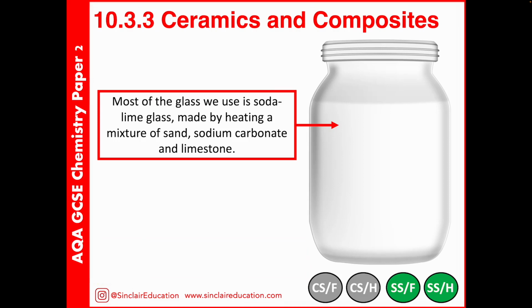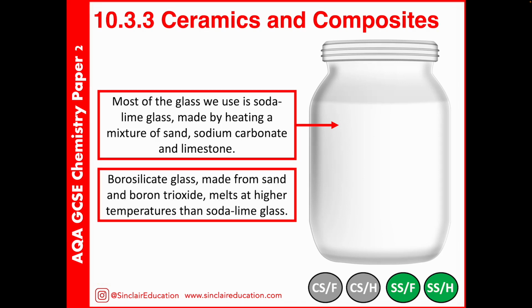Another set of materials are ceramics and composites. For example, if we look at glass, most of the glass we use tends to be what we call soda lime glass. We make this by heating a mixture of sand, sodium carbonate and limestone together.